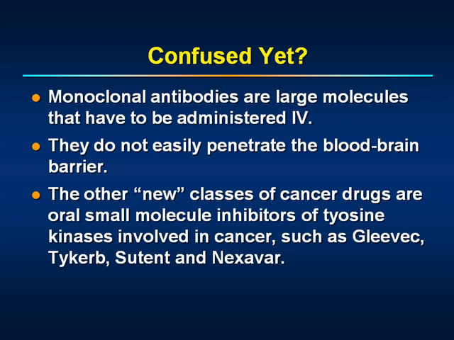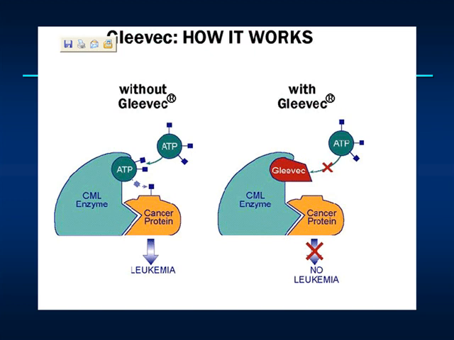Now, the other new classes of cancer drugs are oral small molecule inhibitors of tyrosine kinases involved in cancer. And these are drugs such as Gleevec, Tykerb, Sutent, and Nexavar, which are not part of this conversation. However, I will say this is how Gleevec works.